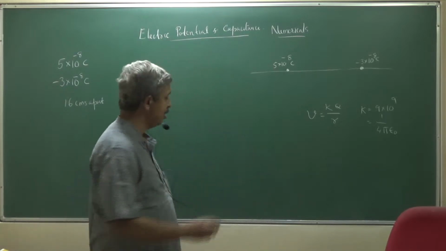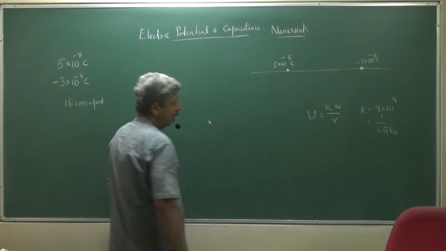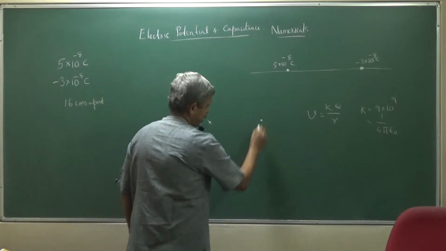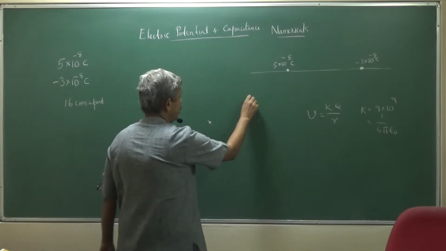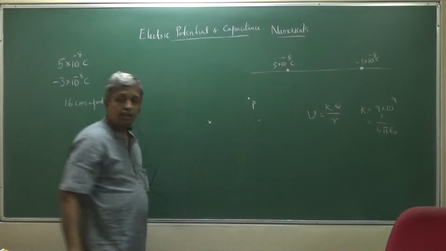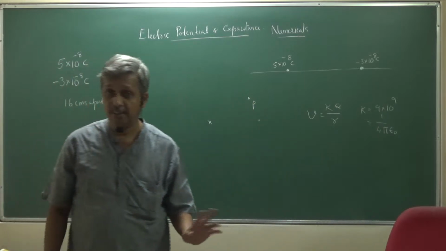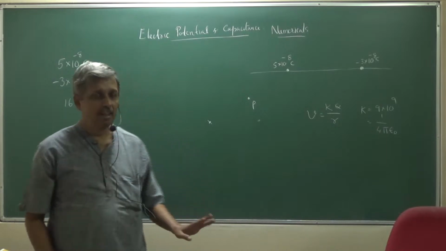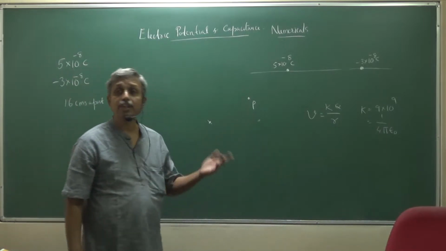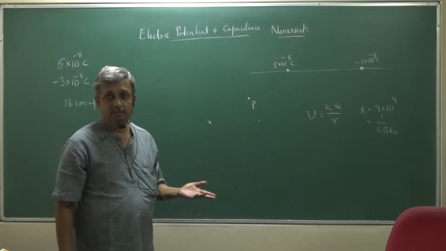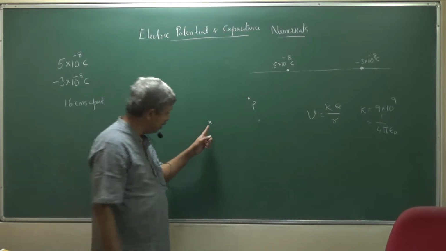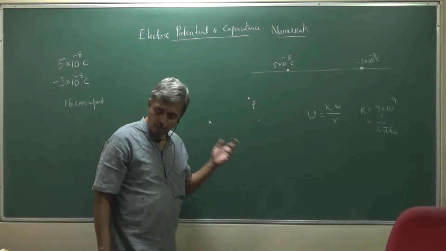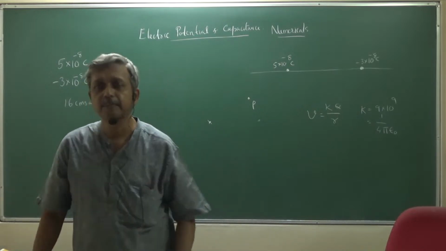So if there is a point charge somewhere here, and I want to calculate the potential at some point here, maybe here, this point P, there is nothing at point P. It is just a place. At that point P, what is the potential? Why is there a potential there? That is because there is a charge here, 3 coulomb or 2 microcoulomb, millicoulomb, whatever, some charge is there.